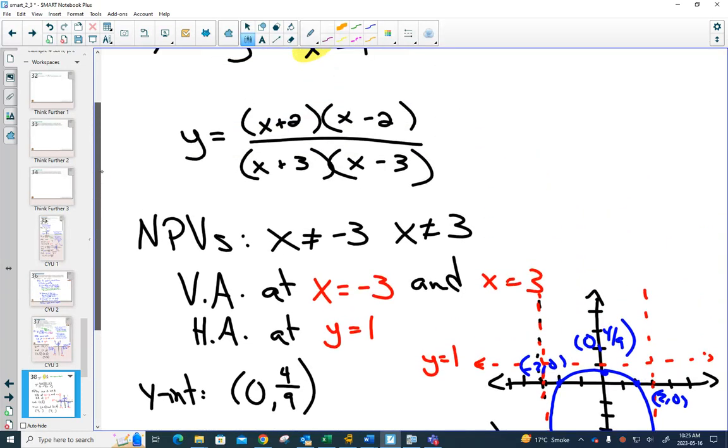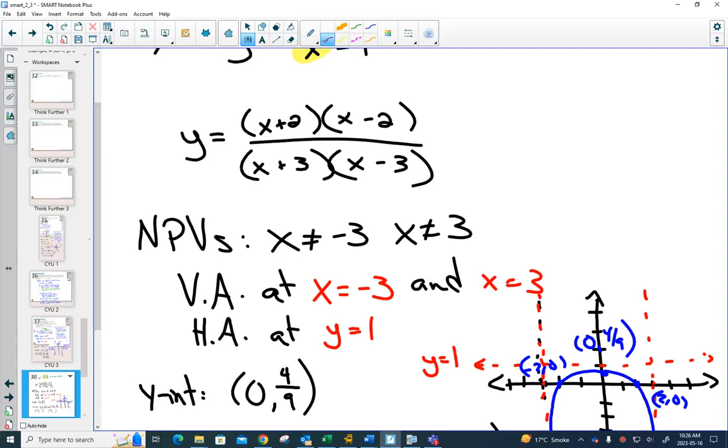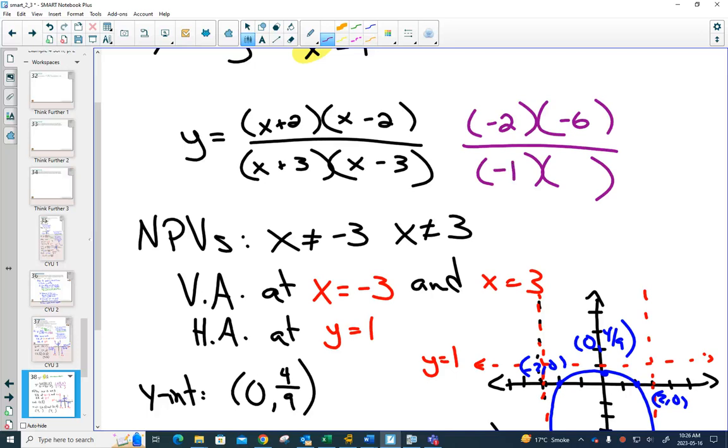If you plug in -4 and do the mental math, you see that you would get -4 plus 2, -2, -4 minus 2, -6, -4 plus 3, -1, -4 minus 3, -7. That simplifies to 12 over 7.